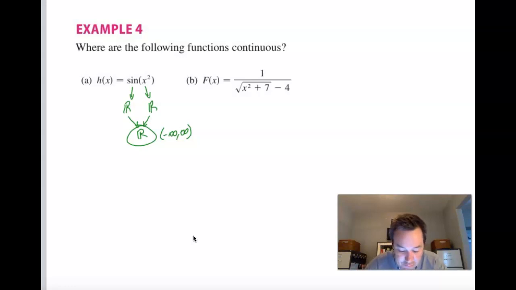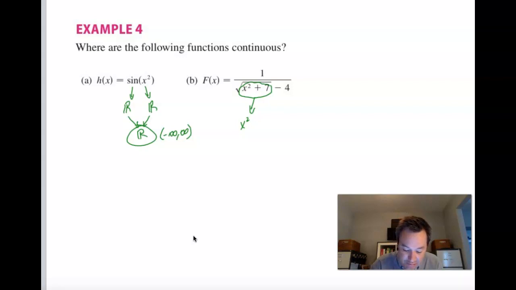All right, so here we have a composite function as well. We have a root function and a rational function. And we know that rational functions are continuous on their domain. Root functions are continuous on their domain. For a root function, here's what I need to look at. What's underneath the radical? I need to be assured that it's always going to give me a non-negative radicand.